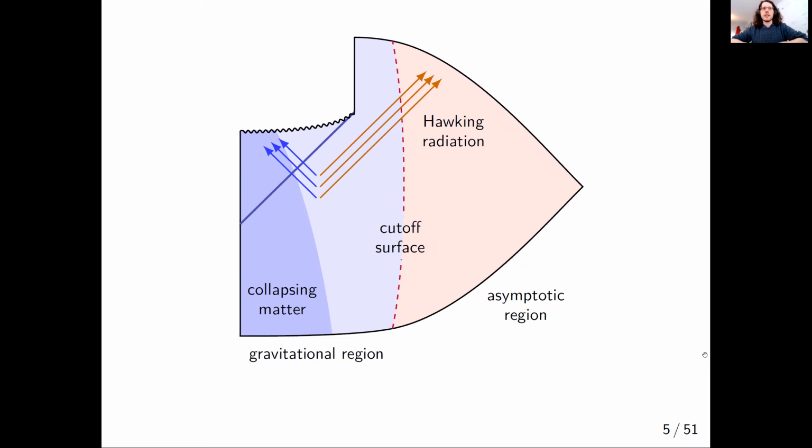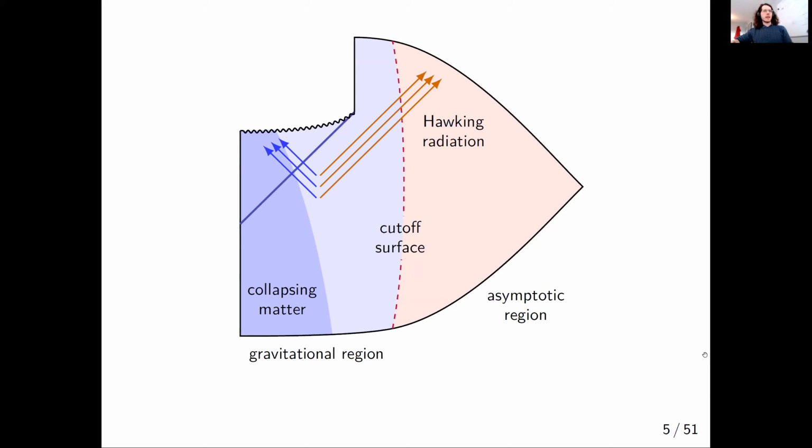This could be an exact assumption, so that the theories in the two regions are genuinely different, or it could just be an approximation. So the starting point is some matter that we allow to collapse to form a black hole, and then the black hole evaporates and it emits this Hawking radiation.